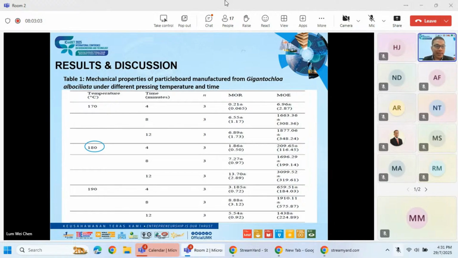So as you can see here, the particle board pressed under 180 degrees Celsius for 12 minutes will give us the highest strength, the highest modulus of rupture, corresponding with the highest modulus of elasticity. So with 180 degrees Celsius and 12 minutes, we will get the MOR value of 13.7 and the MOE value of about 3100.